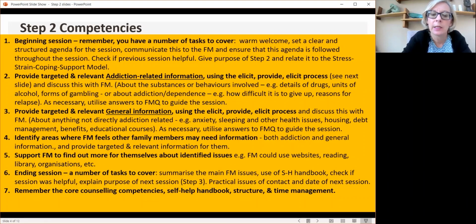And then there's the task at the end of the session around using the handbook, summarising, checking how the session went and preparing for the next session. As ever, in addition to these, there are all the competencies around the core counselling skills as well. And particularly important is around the time management.